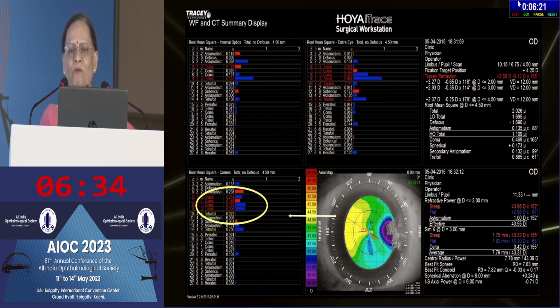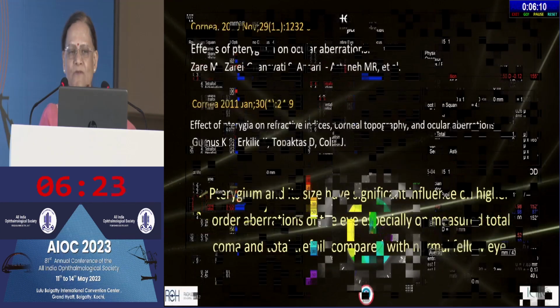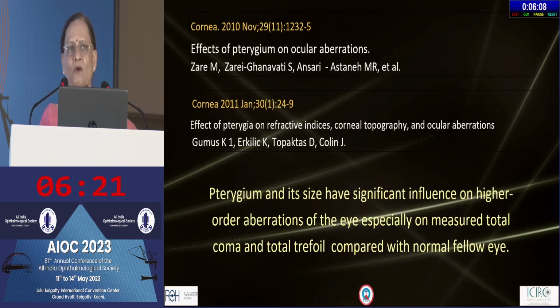This is the aberrometry profile of this patient. And you can see these higher order aberrations, which are the coma and the trefoil. So be careful of these, and therefore the choice of our IOL would not be any of the high-end, so-called premium IOLs.